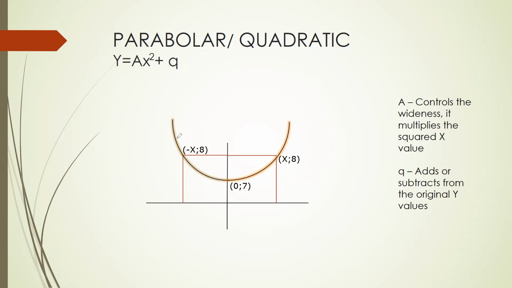Let's quickly find the equation of this graph. We've got y is equal to ax squared plus q. We have a point, we can take point 0,7 so that we can find our q, right?